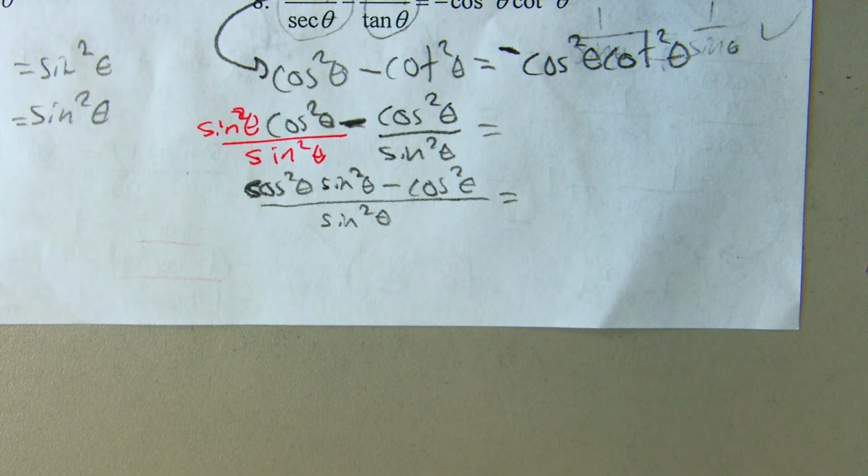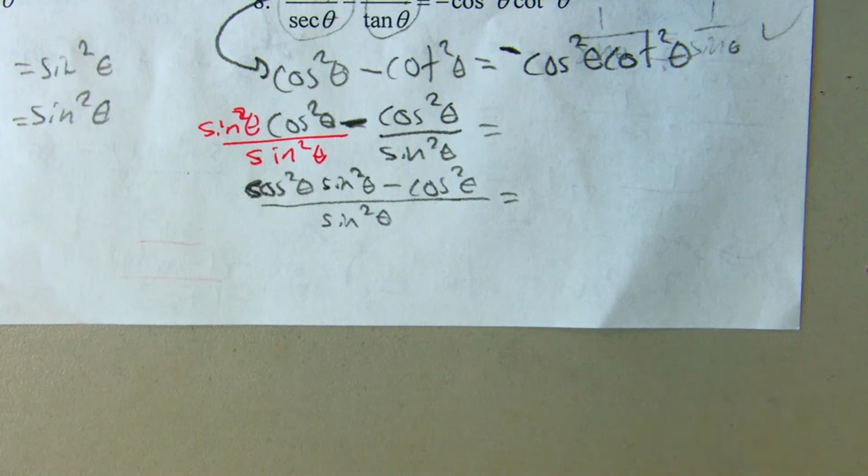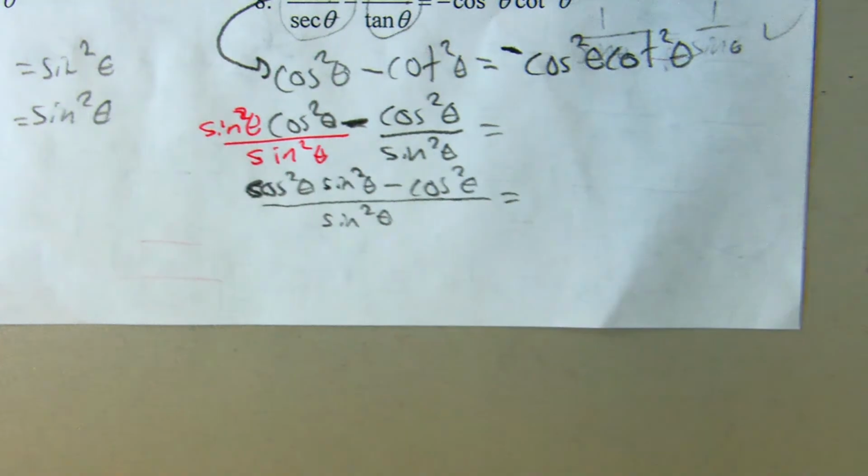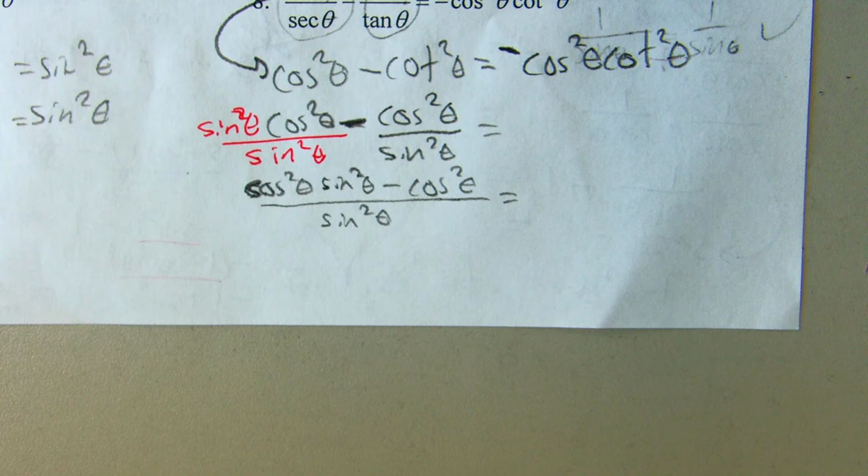What is the most basic type of factoring? What's the very first type of factoring in there? GCF? Greatest common factor.